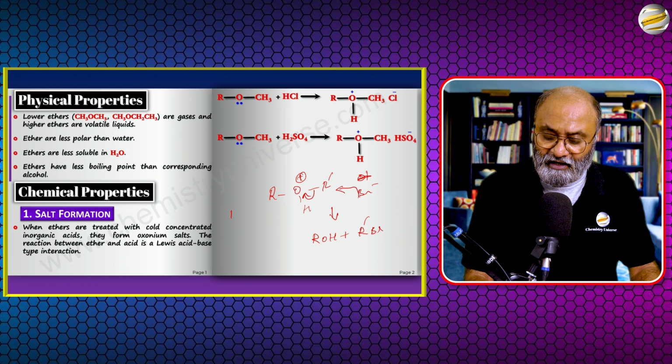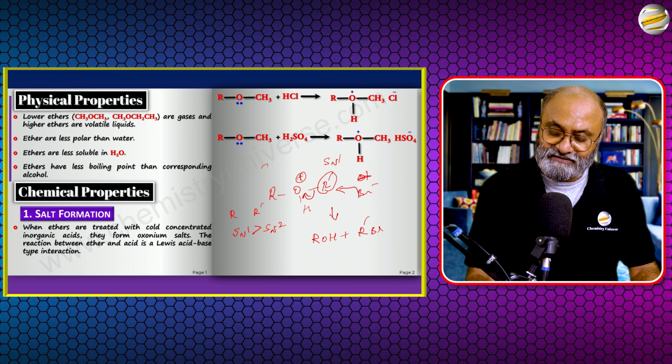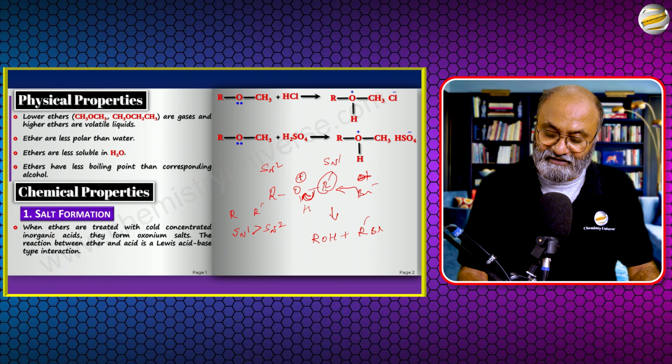If out of R and R prime, one has high tendency to show SN1 and the other has high tendency to show SN2, then SN1 is the bond that breaks. So say for example, R prime is SN1 and R is SN2, this bond will always break. The SN1 is the one that wins the attack of Br minus.